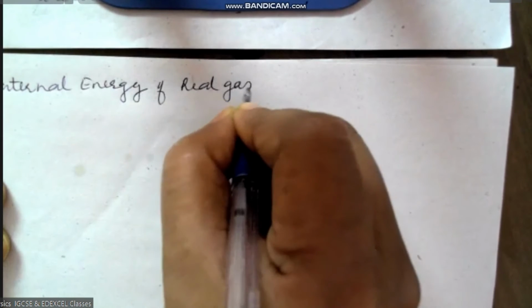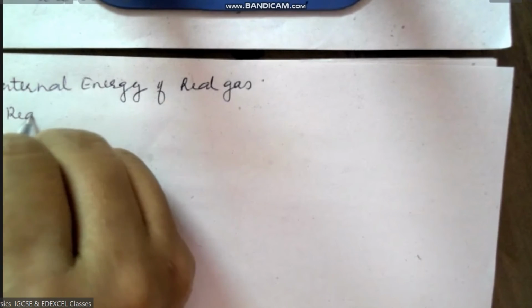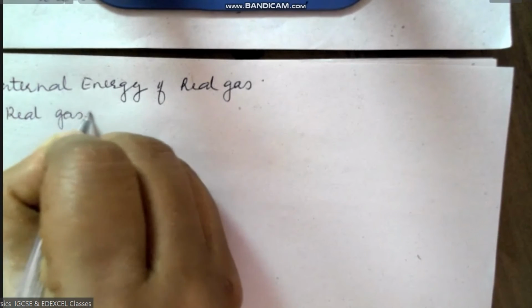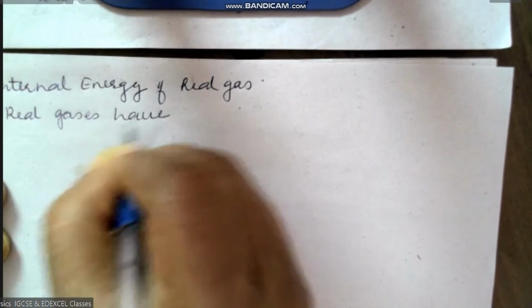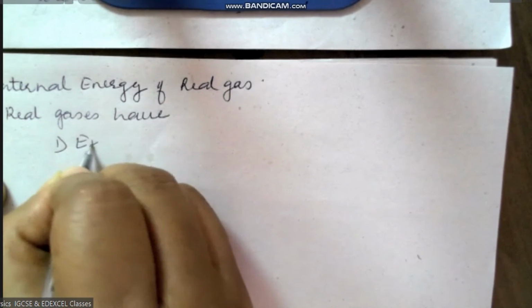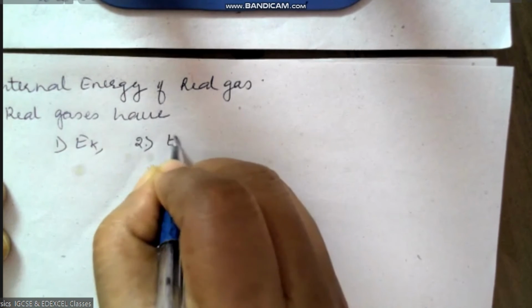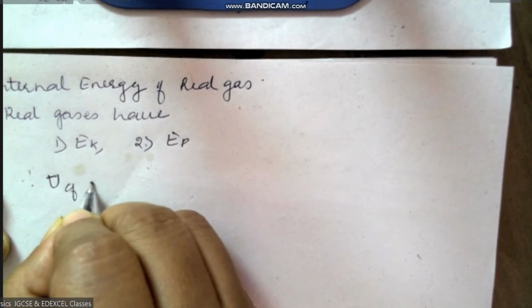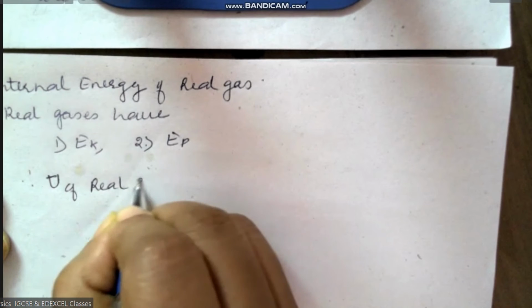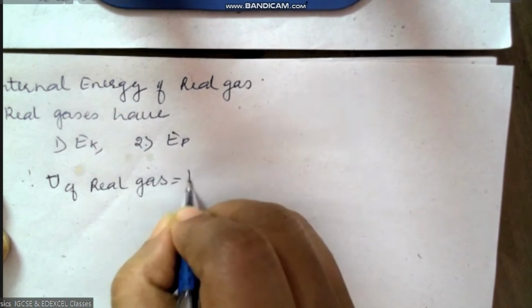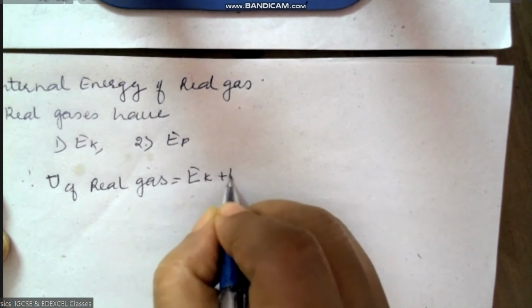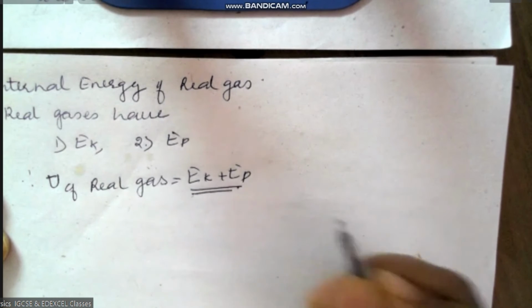Real gases have, number one, kinetic energy because the particles are moving. Number two, potential energy. Therefore, the internal energy of a real gas is equal to EP plus EK.